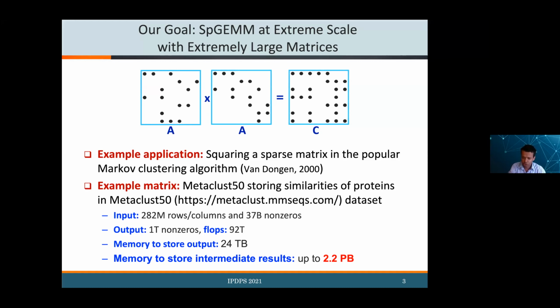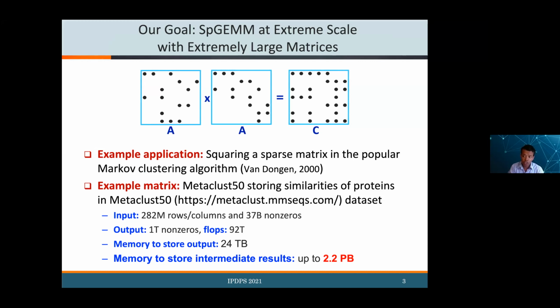This matrix stores similarities of proteins from a particular dataset called Metaclust50. For this matrix, we have 282 million proteins. That means we can create a similarity matrix with 282 million rows. And this matrix has 37 billion non-zeros.